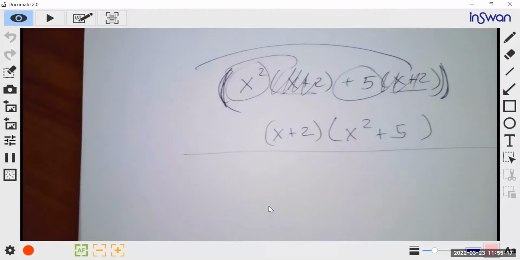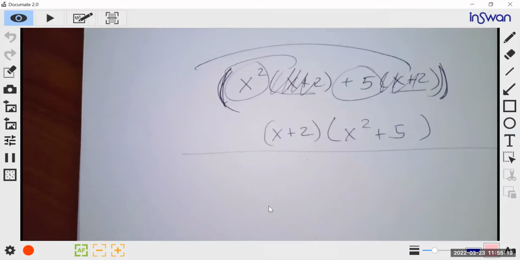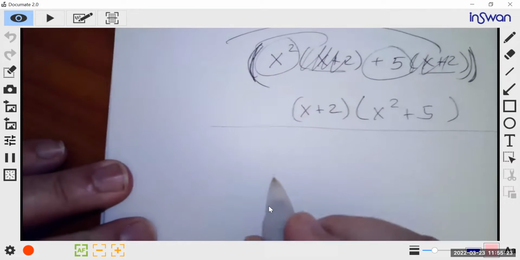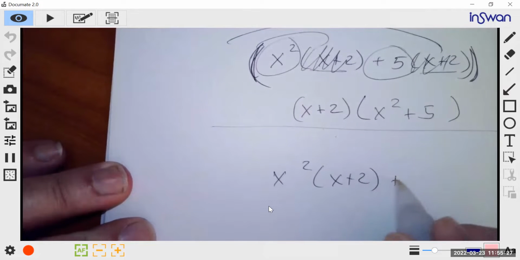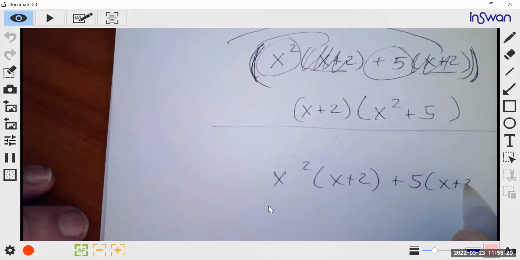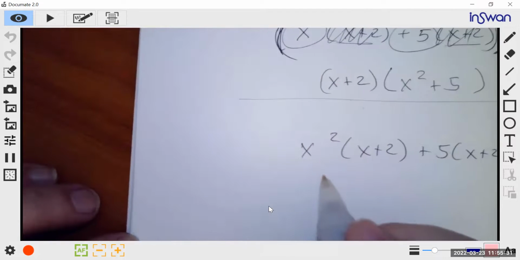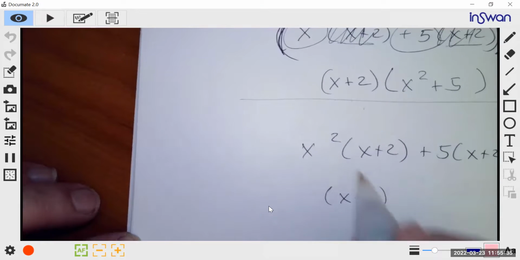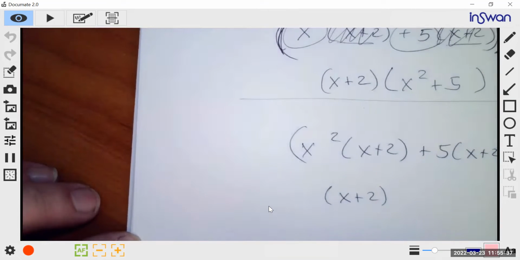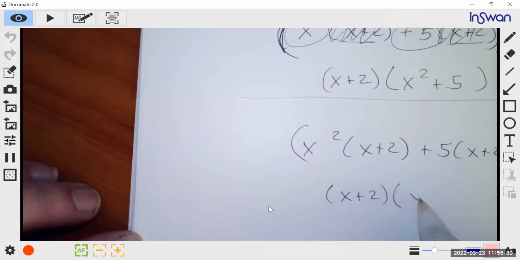Well, it really doesn't cancel out. It shifts. I just pick it up and move it somewhere else. Remember, I started off with this. And then when I factored out what's in common, I have x squared plus 5.